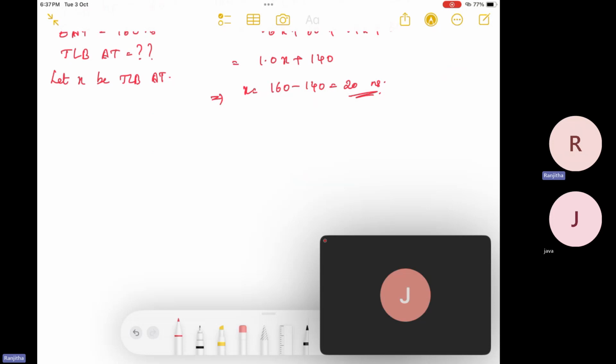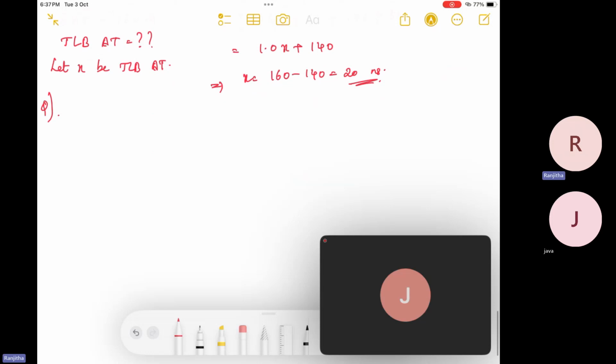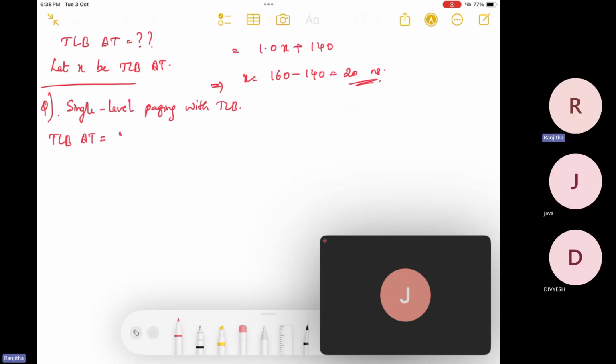And one more similar question from this section. Another question is, this is again a single level paging. TLB access time is given as 20 nanoseconds.